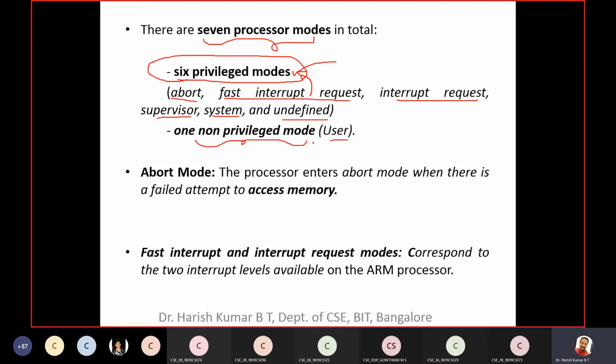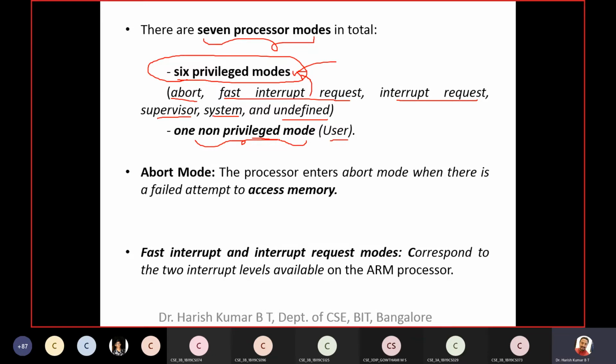See, when you make the microcontroller or microprocessor operate in the user mode, it is a non-privileged mode. So you have complete access to the conditional flags, that is zero flag, negative flag, carry flag, overflow flag. You can read them and you can also write them, but you cannot write the control flags.